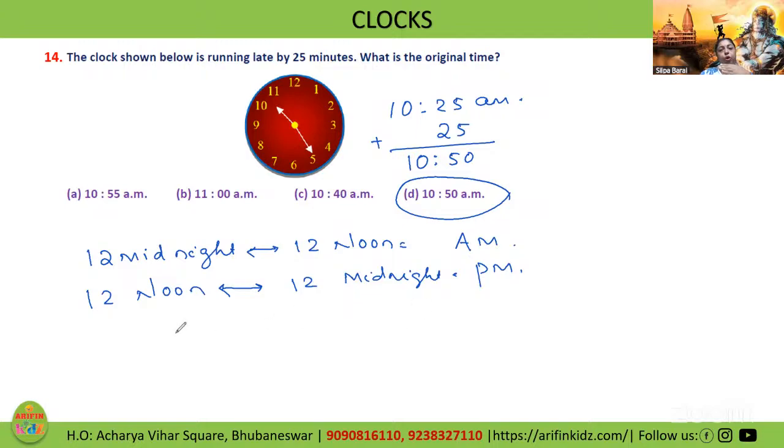After that, the 1 o'clock that comes, 1 o'clock at night, that will say 1 a.m. Then 2 at night will say 2 a.m. Right? That is the concept. And up to 11 in the morning will say 11 a.m. Then the day hour 12 will say beta 12 noon. And after that, the 1 of day hour is called 1 p.m. 2 p.m. up to 11 p.m. Okay. Then again the 12 is there, we'll say that is 12 midnight. Okay. So are you clear?